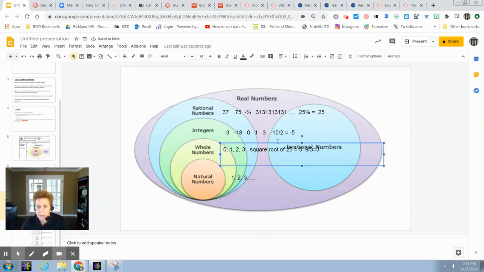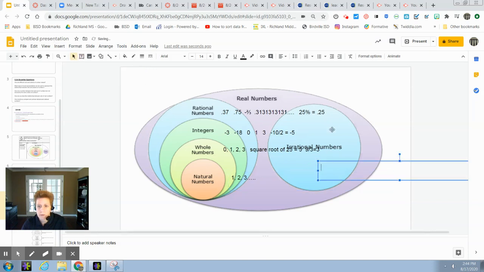Over here for the irrational numbers, this is where you would have like pi. You would have the square root of 7. You can't write that as a fraction.